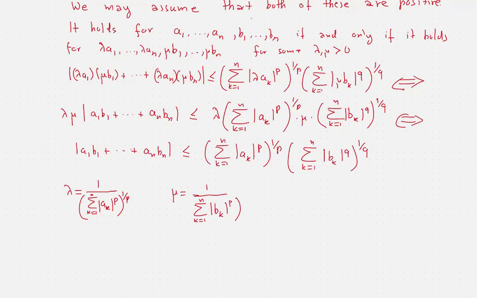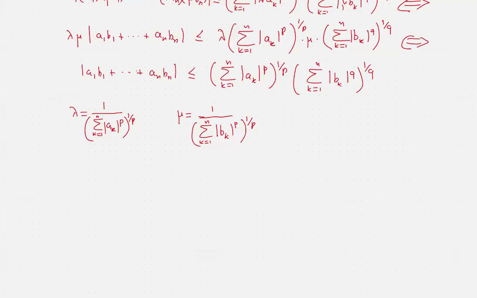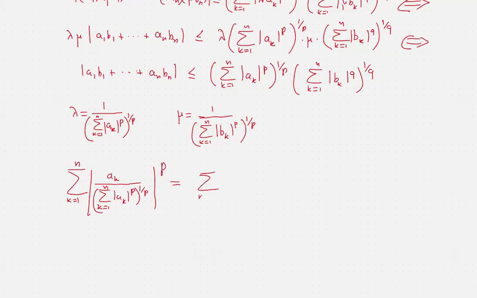If we take the sum of the ak's over this number right here, and you raise this whole thing to the pth power, there is a very nice cancellation, which gives you the sum from k equals 1 to n of ak to the p over this, which can now become a common factor in front.